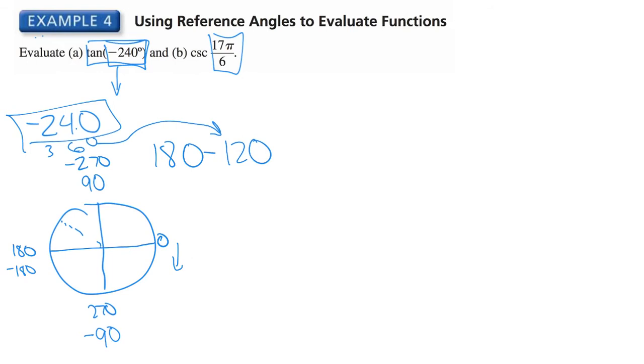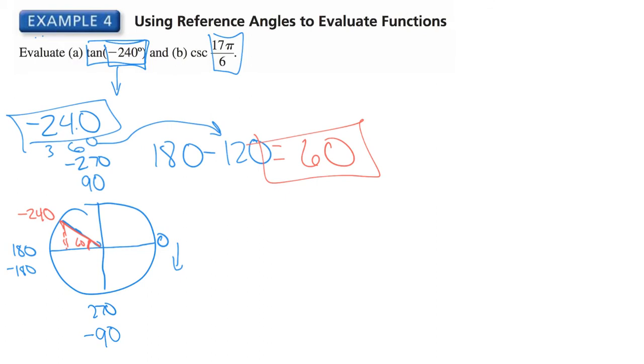Okay, so what we look at is we see that it's got this piece right here. I'll color it in red. And this is -240. Inside our reference angle is a 60. So that's a 60 degree angle, which we can use our special right triangles for that we connected with all the way back.